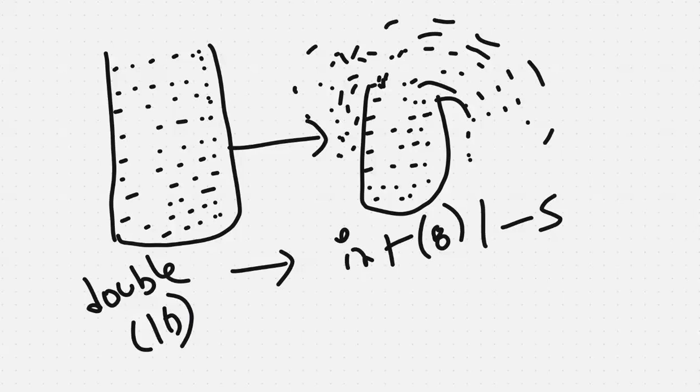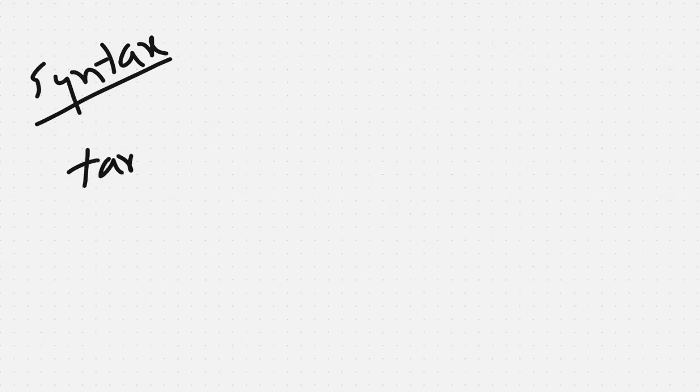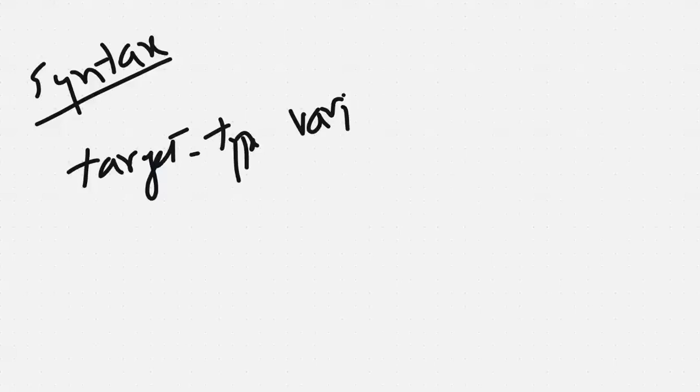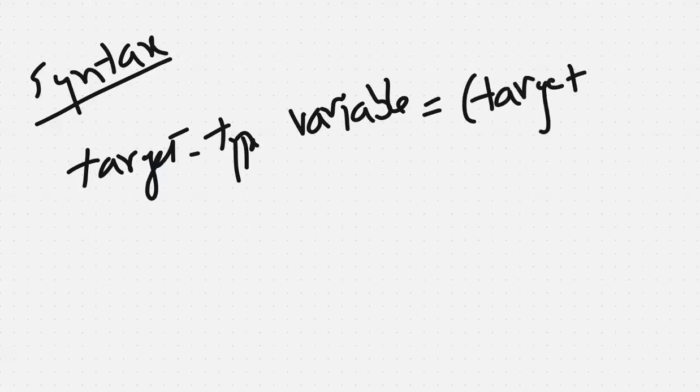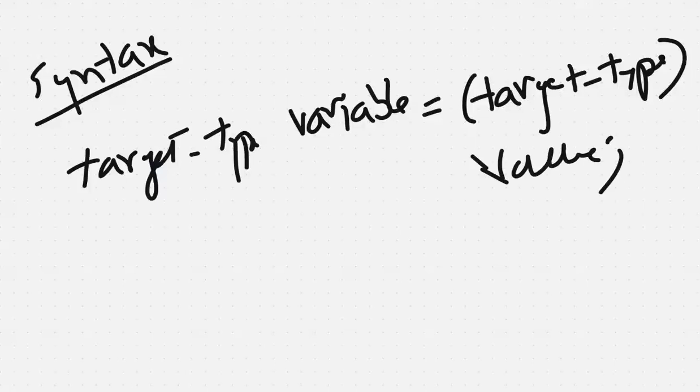Okay, right. So how can you define it programmatically? The syntax is: target type variable equal to target type value. For example, double d equal to 12.5.